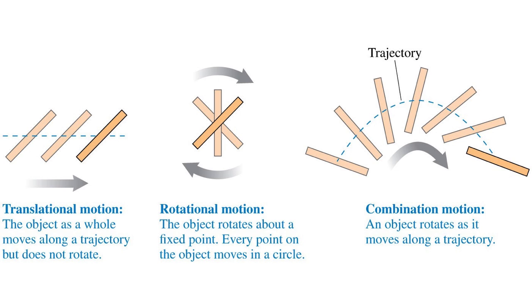Now, if you, for instance, toss a wrench, like that one we were just looking at, it's not a perfectly symmetric object. It's got more mass at one end than at the other. So the center of mass is not in the exact center. But if you toss a wrench, what you'll see is the center of mass will follow a trajectory like this dotted line up here.